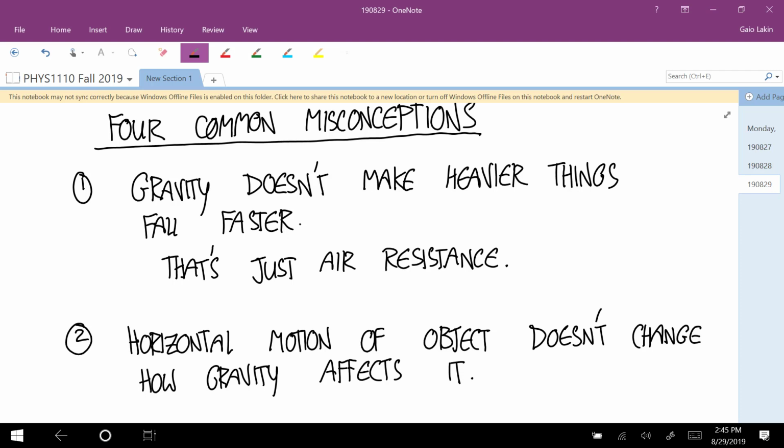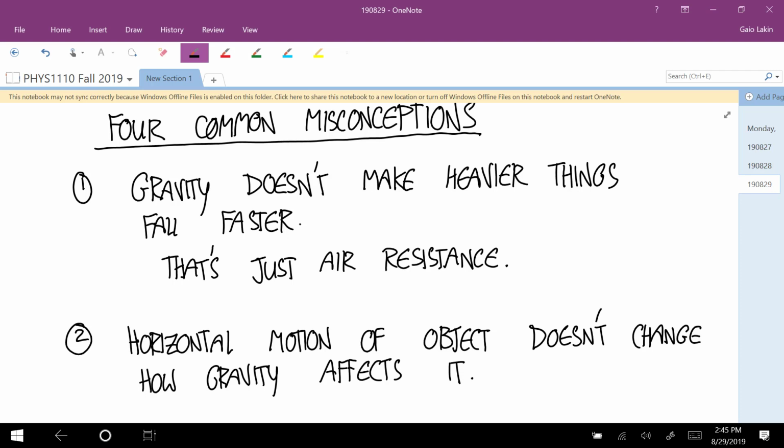But if you had enough room for the bullet to go without hitting anything, which would be a few hundred yards, and you dropped one bullet straight down to the ground and shot another perfectly horizontally, they would actually hit the ground at the exact same time.